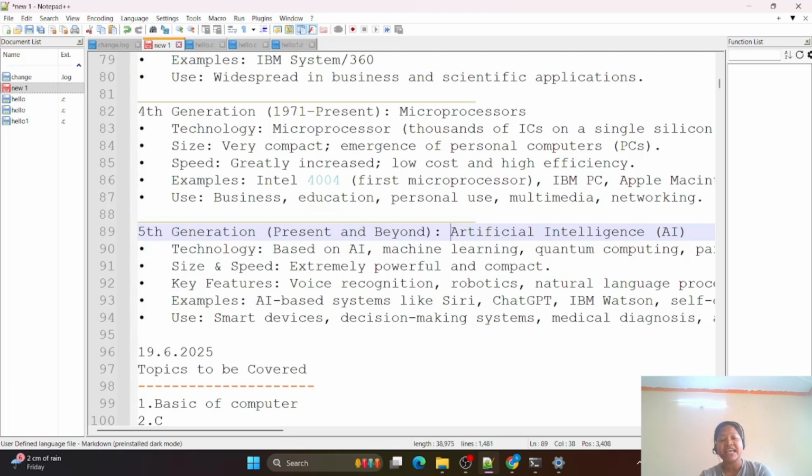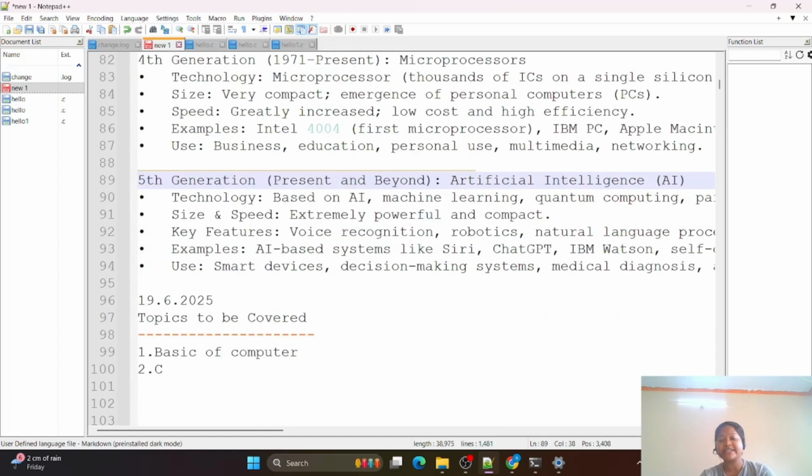Examples are AI based systems like Siri, ChatGPT, IBM Watson. We say, hey Siri, can you please play this music. We are also using smart devices, decision making systems, medical diagnosis, in almost all fields we are trying to use computers nowadays, isn't it?